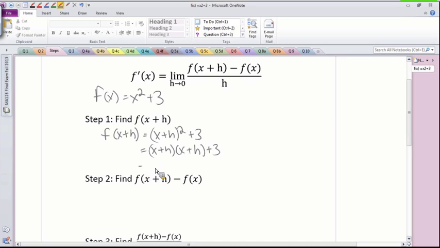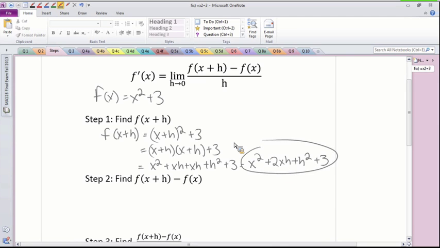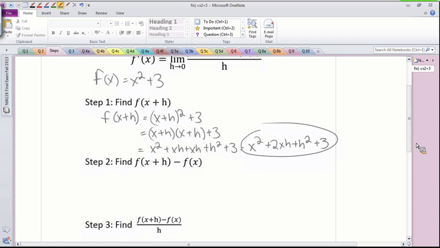And if we FOIL this out correctly, we'll get x squared plus xh plus xh plus h squared plus 3, where after we combine like terms, we'll get x squared plus 2xh plus h squared plus 3. So this represents our f of x plus h. Step 1 done.